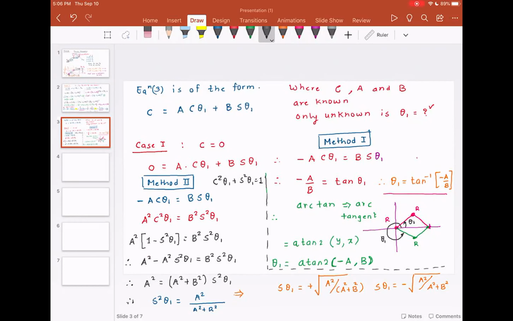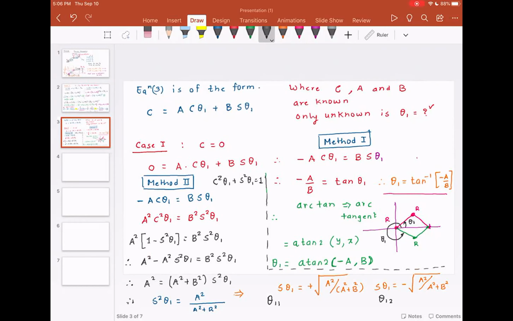And if the geometry works out, then you will get two values of theta. So please note, you are gonna get theta 1,1, and theta 1,2.